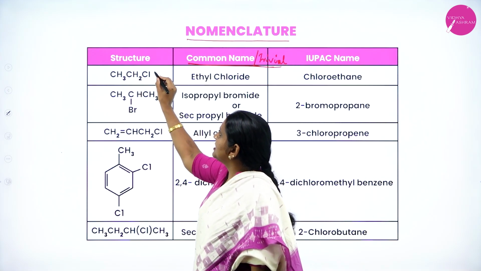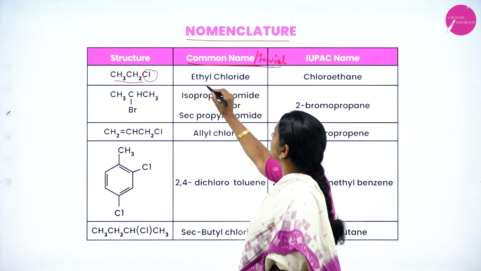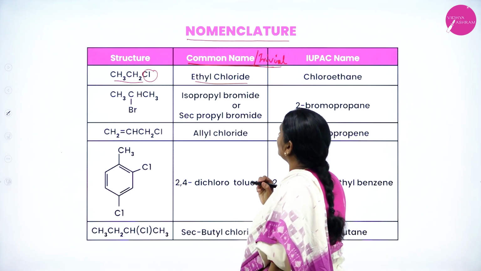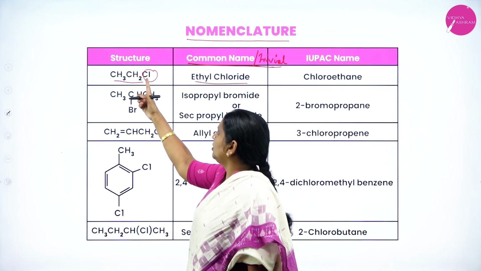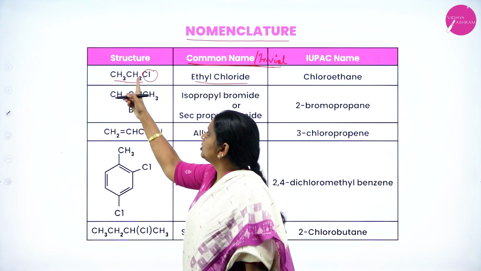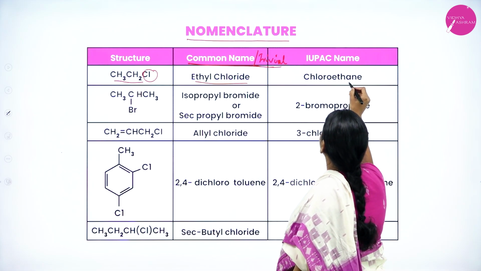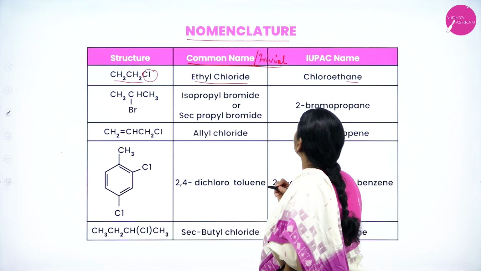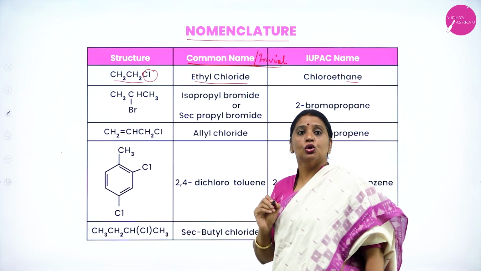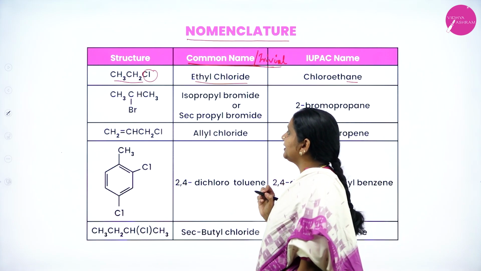CH3CH2Cl. Cl is chloride. CH3CH2 is ethyl. Therefore, what's the common name? Ethyl chloride. For the IUPAC name, Cl is chloro. It has how many carbons? 2 carbons. Therefore, the root word is eth, and as it contains a single bond, it is ane. Therefore, its IUPAC name is chloroethane.